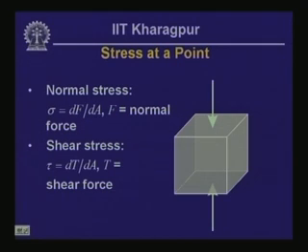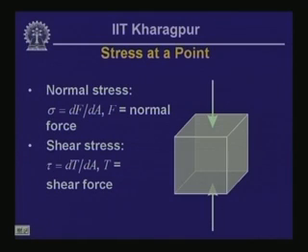Now, you all know from your previous curriculum that stress is given by force per unit area. Now, that force could be a normal force. In that case the stress is going to be a normal stress, and here we are using the symbol sigma to denote normal stress.